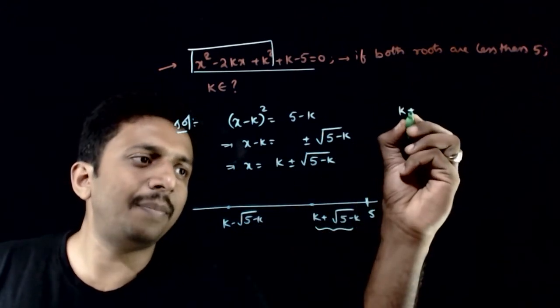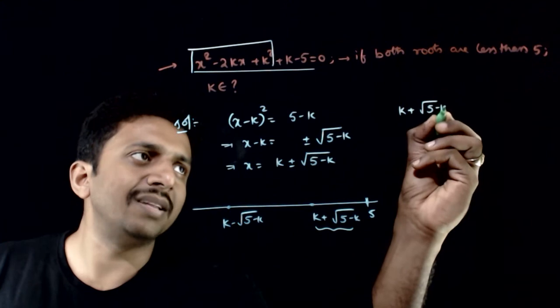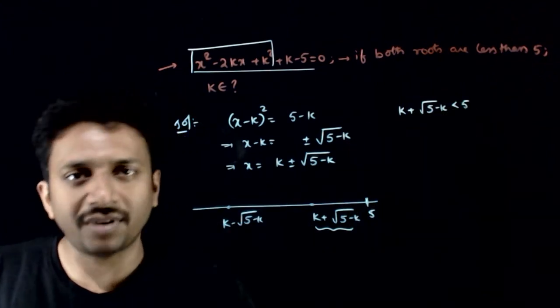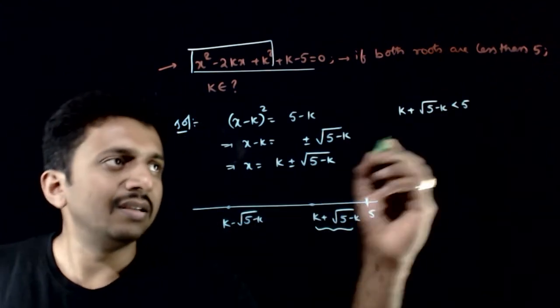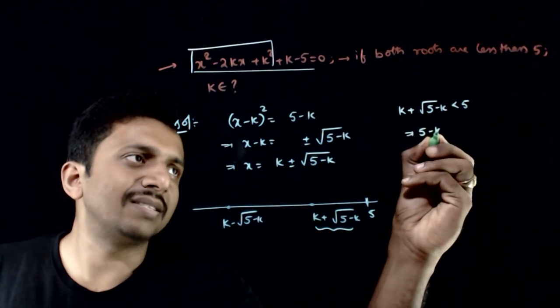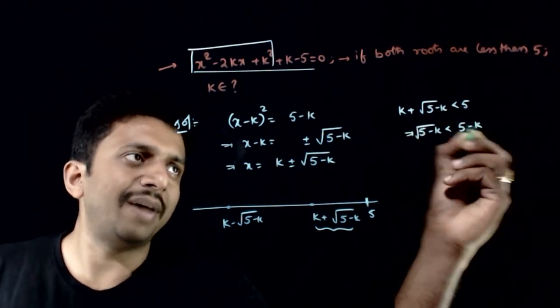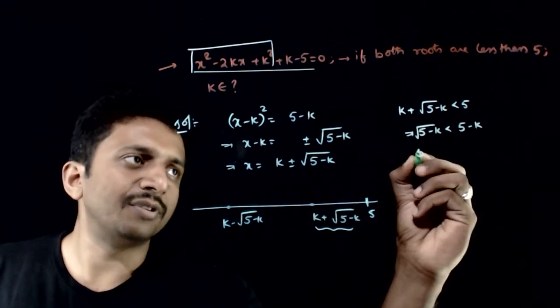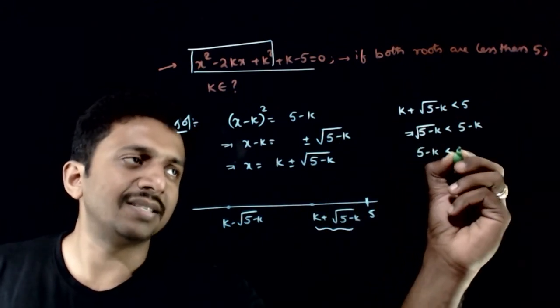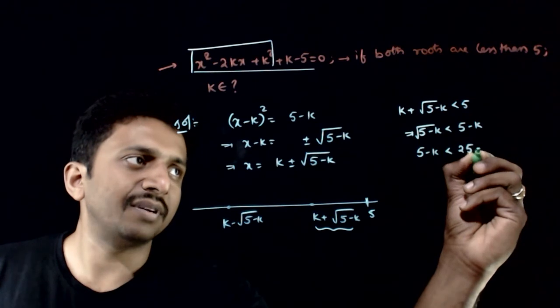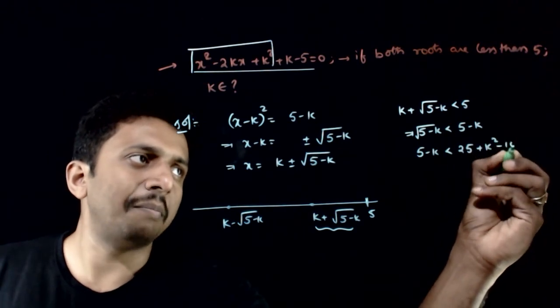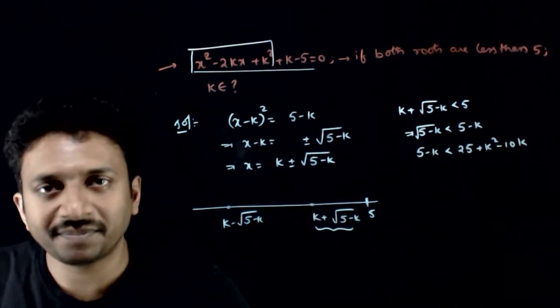That is, k + root of 5 − k is less than 5. So this implies root of 5 − k is less than 5 − k. And if you square it on both sides, 5 − k is less than 25 + k² − 10k.